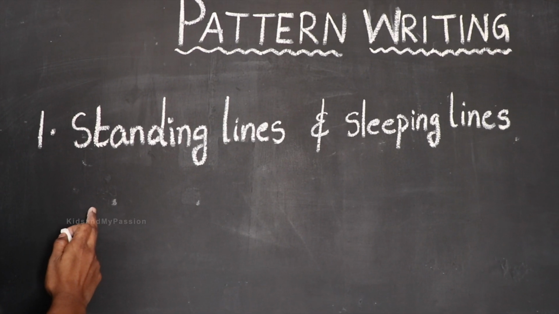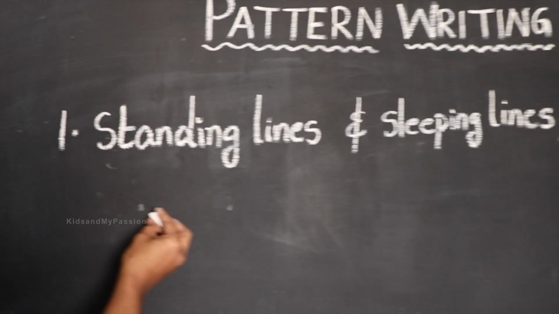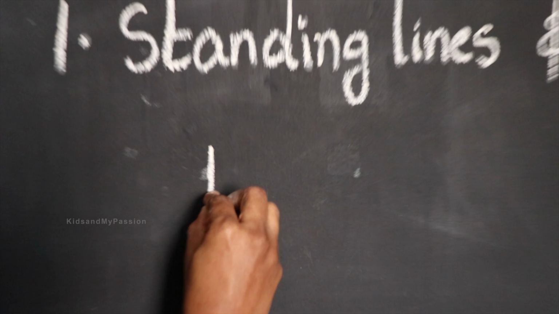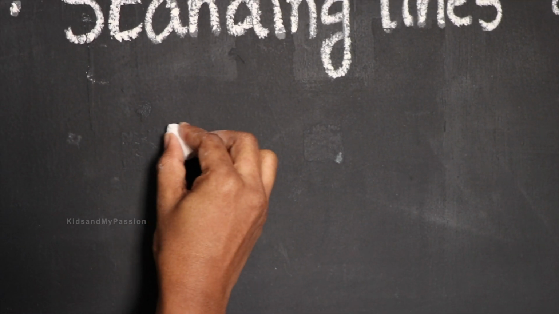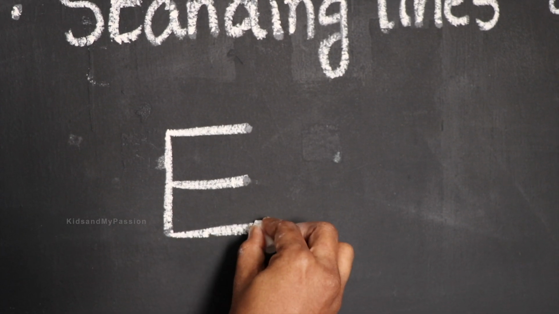Now let's see some examples of standing and sleeping lines. Alphabet E. It is made of a standing line and 3 sleeping lines.